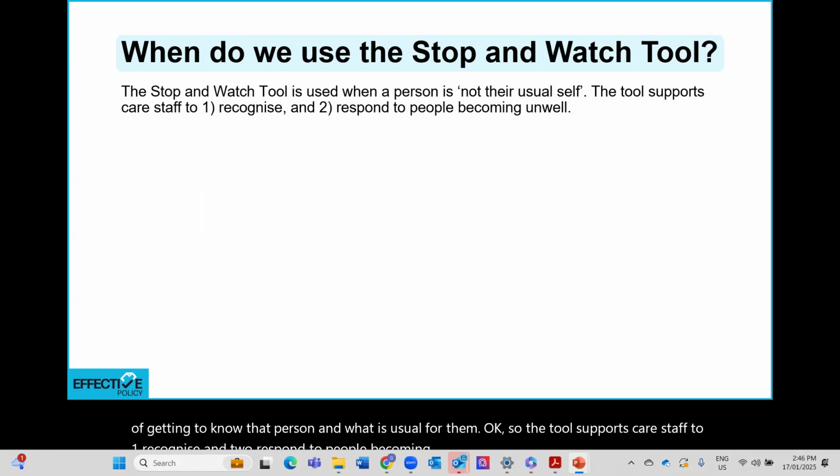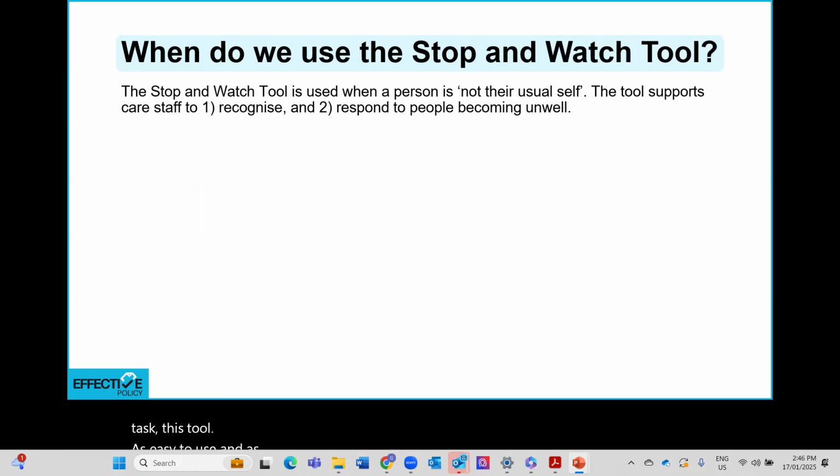And I might add that this tool, as easy to use and as simplistic as it is, is used by health professionals as well, nurses, in hospital situations as well. So it might be simple, but it's so simple that it works, and it works for a lot of people.